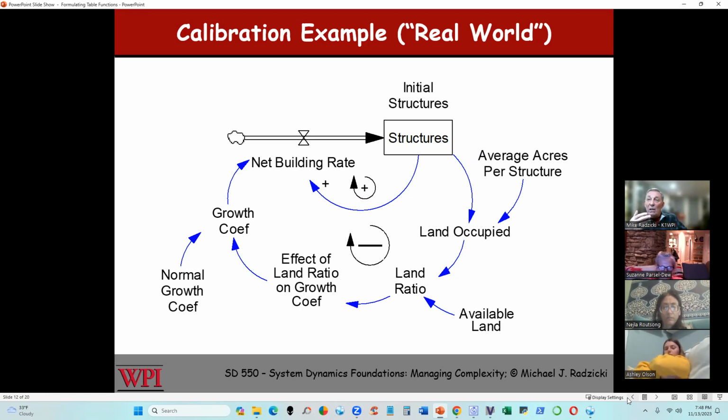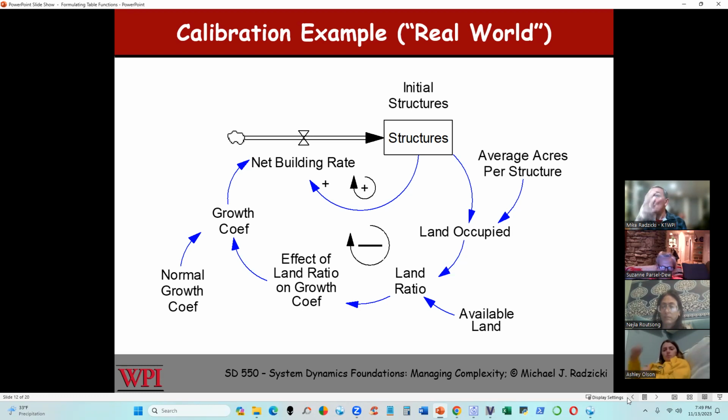When that ratio is 1, it means everything has been built on. So there's an effect of the land ratio on the growth coefficient. The positive loop is, I want to build my structure near everybody else's structure. I don't want everybody else to be over here, and I'm going to build mine way over here, because everybody's going to go over here to shopping, and my store is going to be way over here with nothing around it.